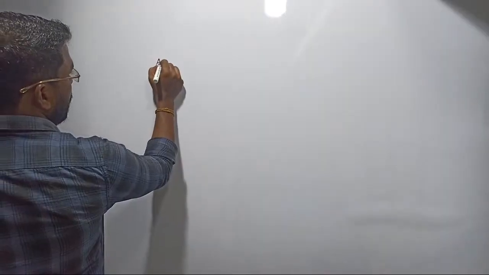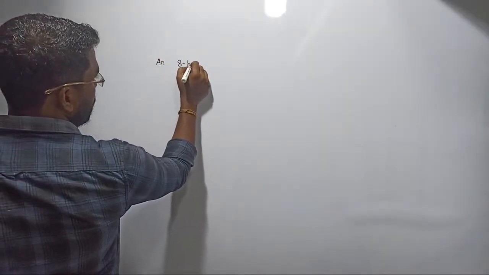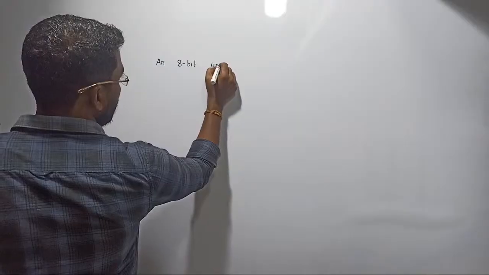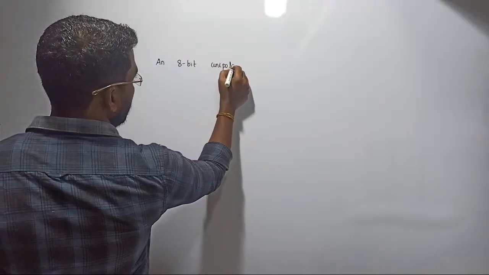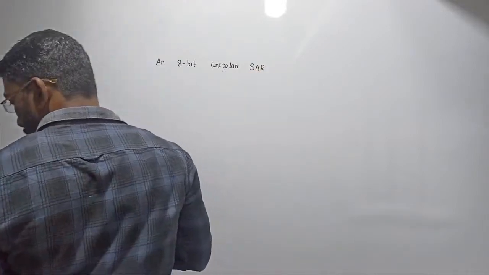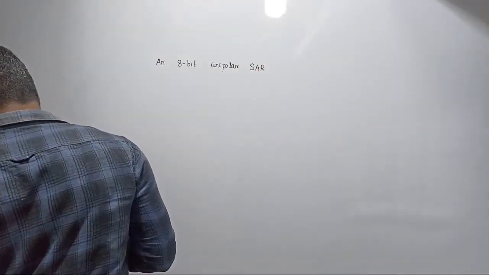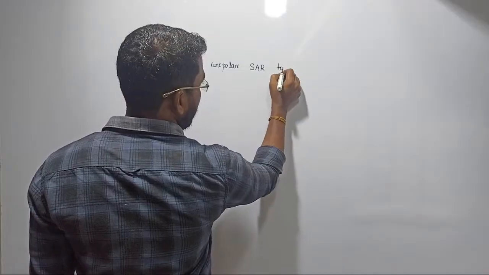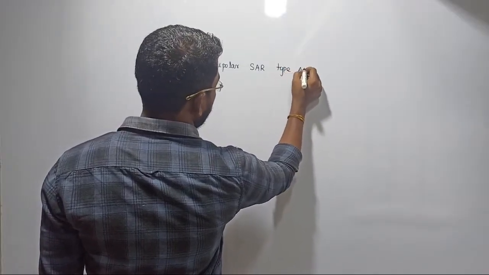The next question is, write down: an 8-bit unipolar successive approximation register type ADC. We know that ADC is an analog to digital converter.